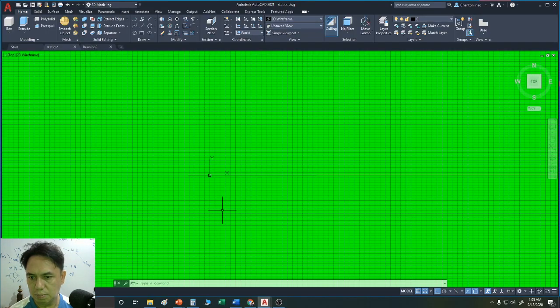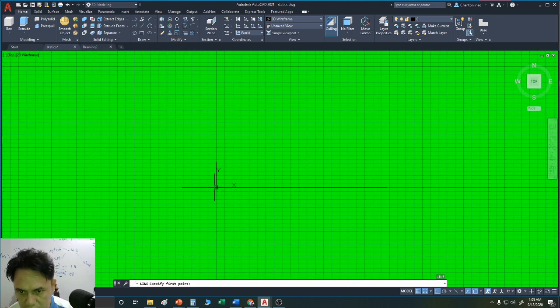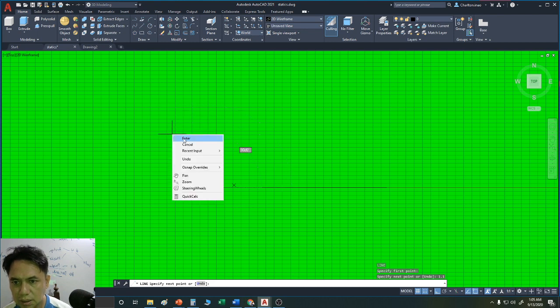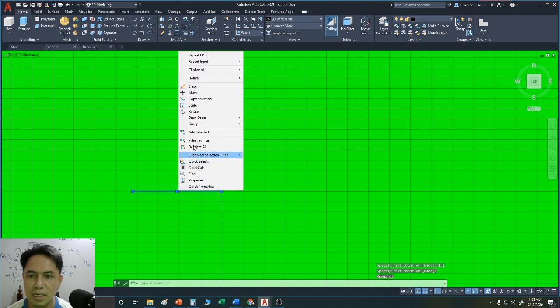So negative 1.1. I want to have a line from here, going here, because it's negative. So I may have this 1.1, correct? Let me change the color so that you will see.